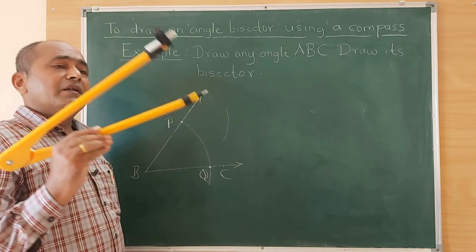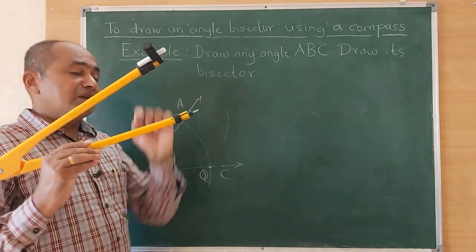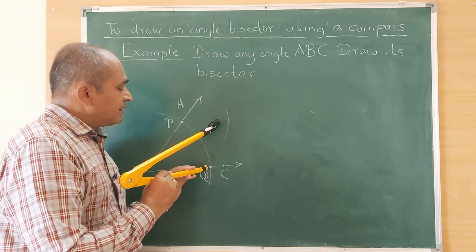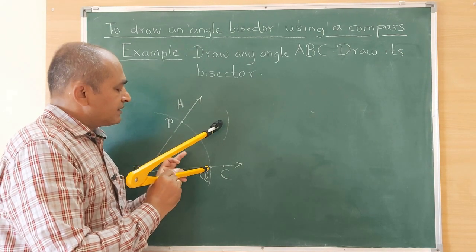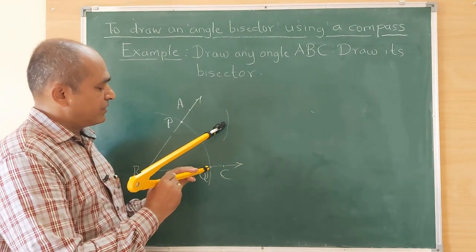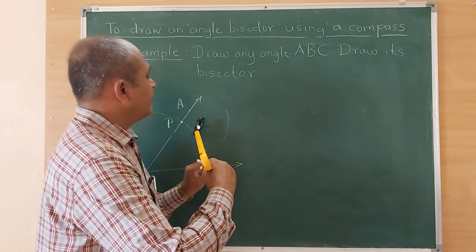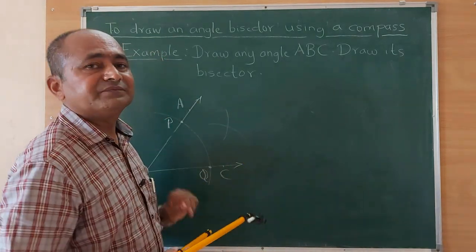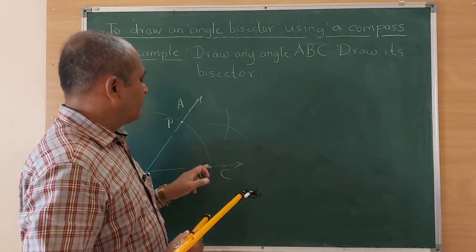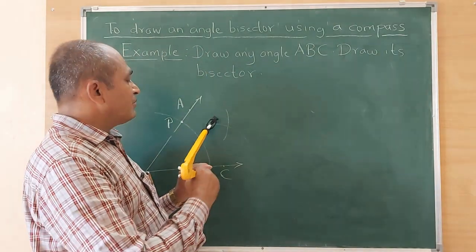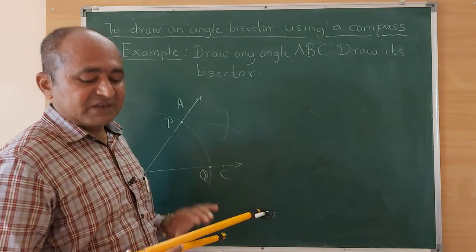Okay. Now don't change this distance. Keeping the distance same, put the metal tip of your compass on the next intersection point, that is point Q, and draw one more arc to cut this arc. So from the point Q, without changing the distance, draw one more arc which cuts the previous arc.